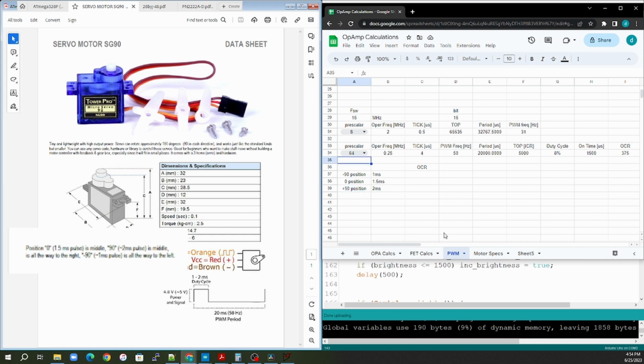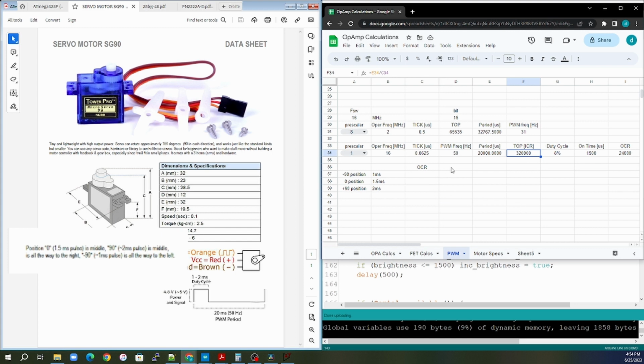This was the calculator that I was using in the prior video with the Arduino 1 megahertz PWM. On that one, we were just using a prescaler of 1. If we tried to do the same thing and use a prescaler of 1, our 16-bit timer can only get up to a maximum of 65,000.